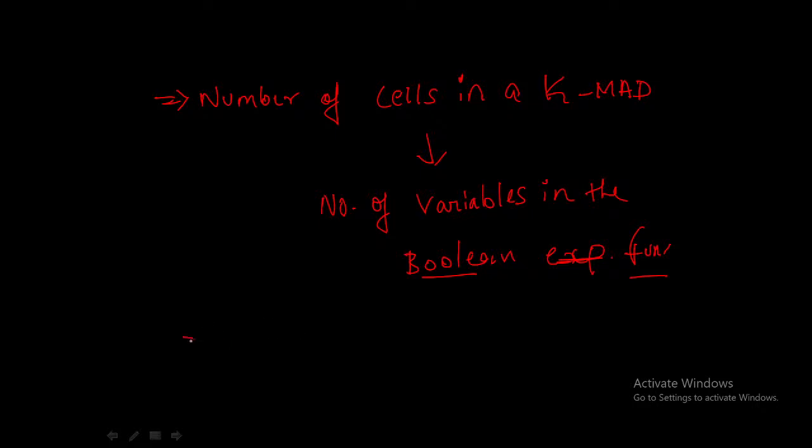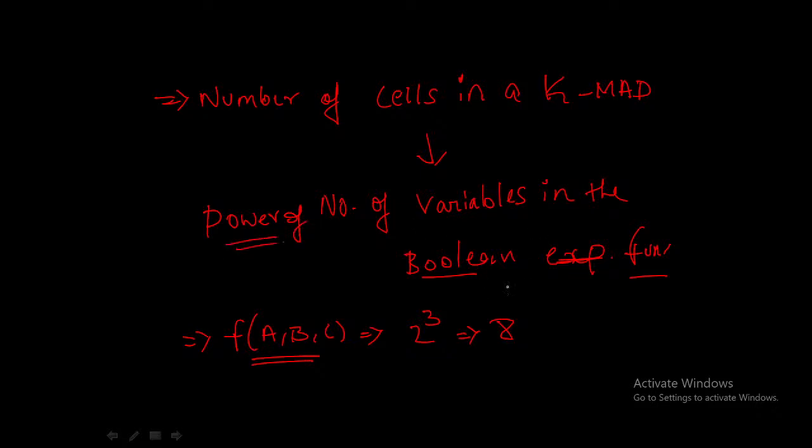For example, if it is a Boolean function of 3 variables, f of a, b, c, then the number of cells will be equal to 2 power 3, which is equal to 8. This is 2 power the number of variables in the Boolean function.